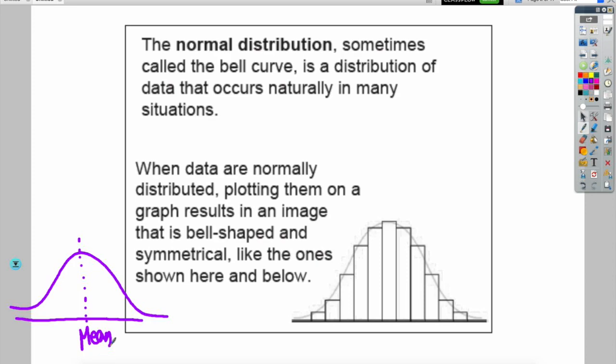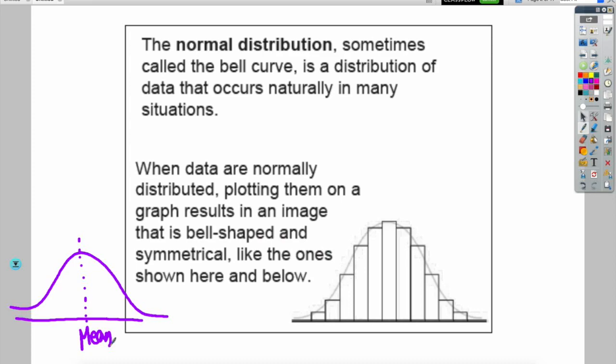Okay, when data is normally distributed, you basically plot them along the graph, and it results in, like I said, that image there. Now, this is not the only type of bell curve that you can have. If you want to take some notes on what I'm about to talk about now, go ahead and flip over to the back. It would be a good place to put it in the notes section.